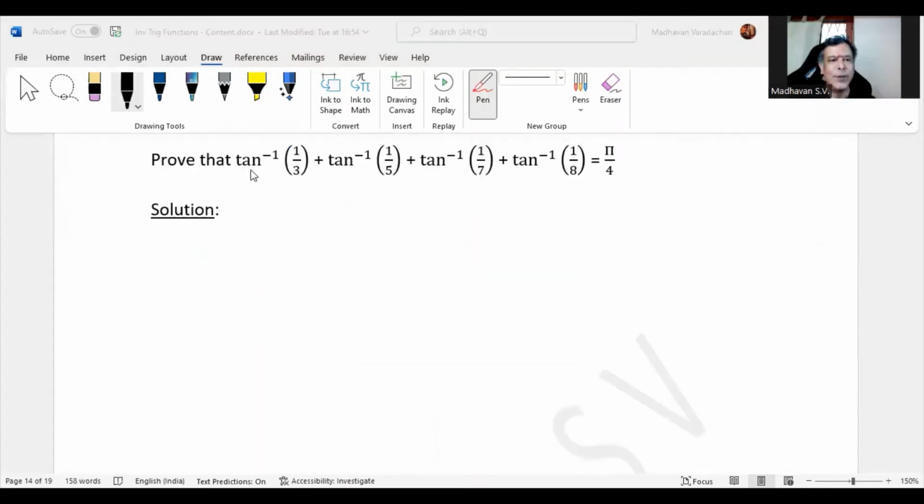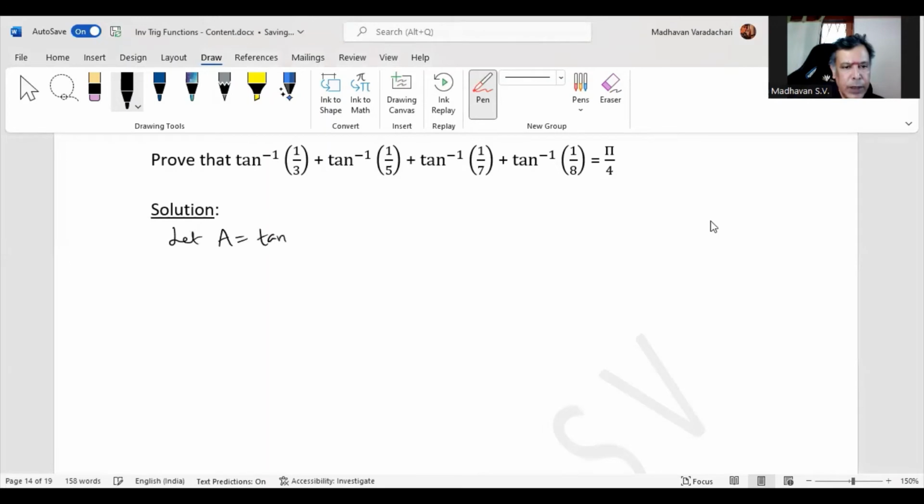In this, we need to prove that tan inverse of 1 by 3 plus tan inverse of 1 by 5 plus tan inverse of 1 by 7 plus tan inverse of 1 by 8 is equal to pi by 4. So we will first consider, let A equal to tan inverse of 1 by 3, which means tan A is 1 by 3.